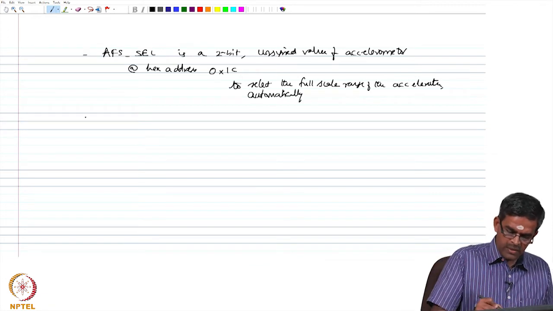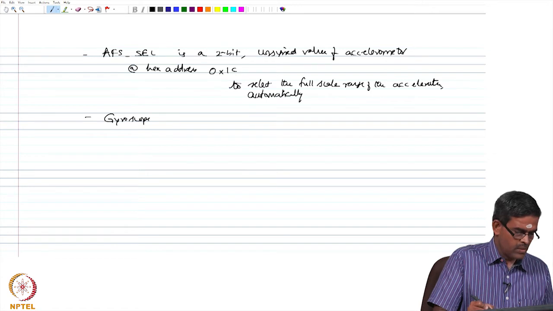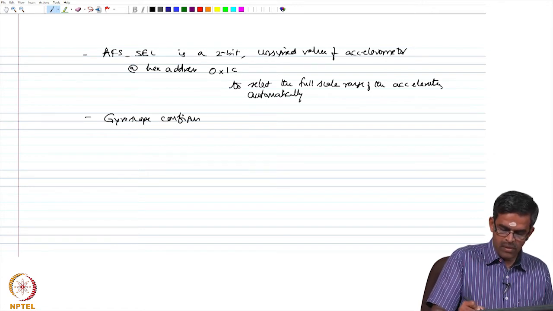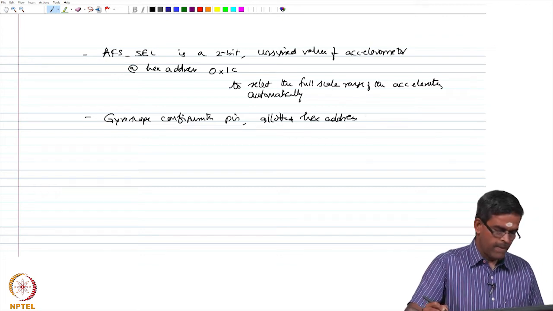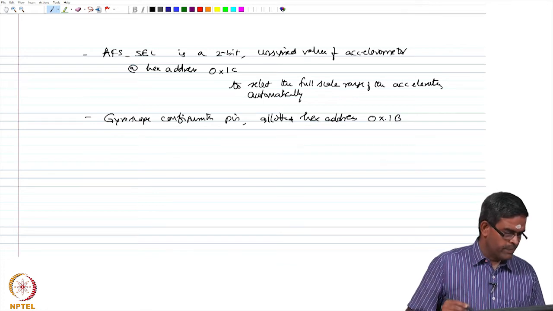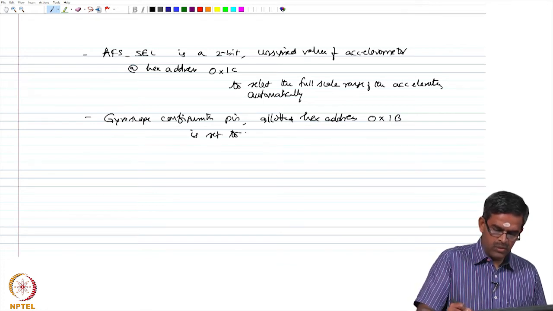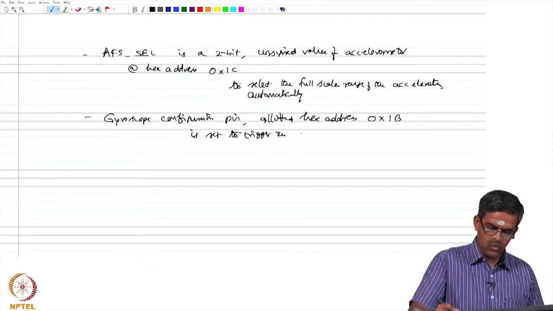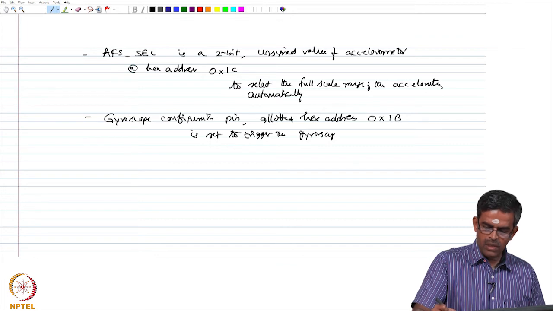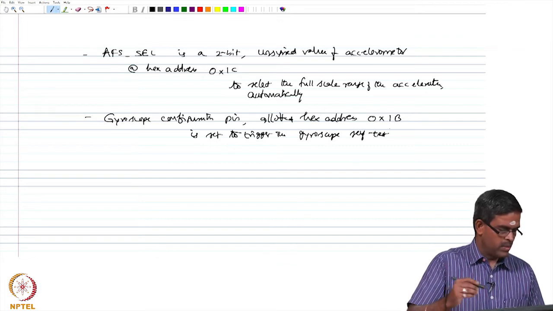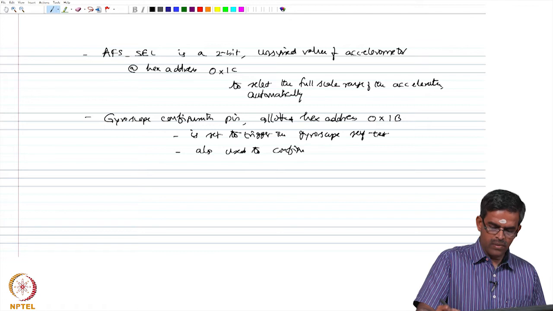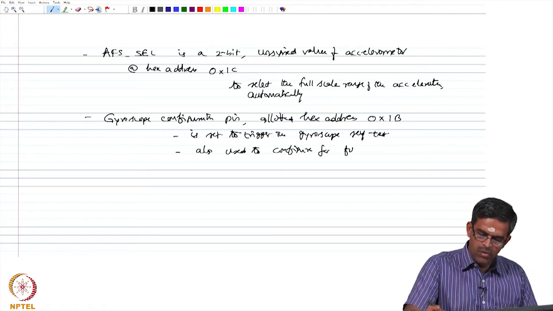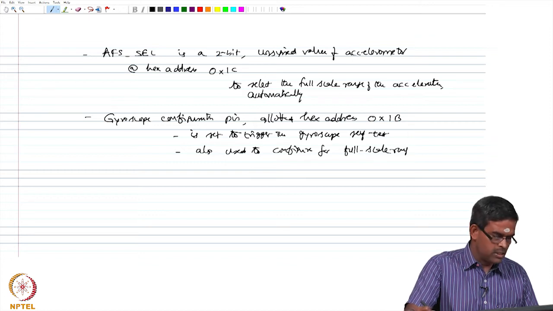The gyroscope configuration pin is allotted the hex address 0x1B, which is set to trigger the gyroscope self test and also used to configure for full scale range.